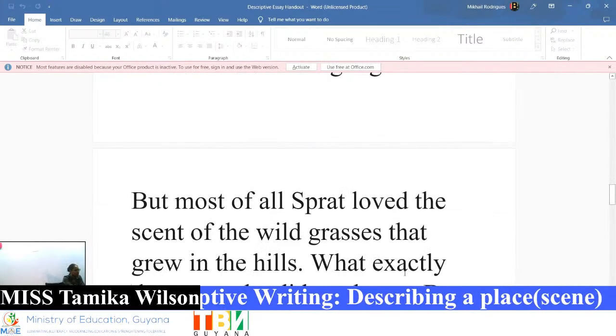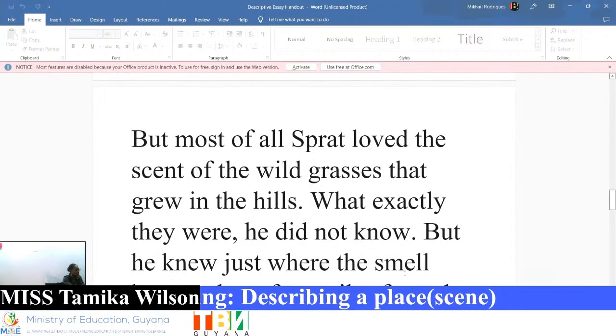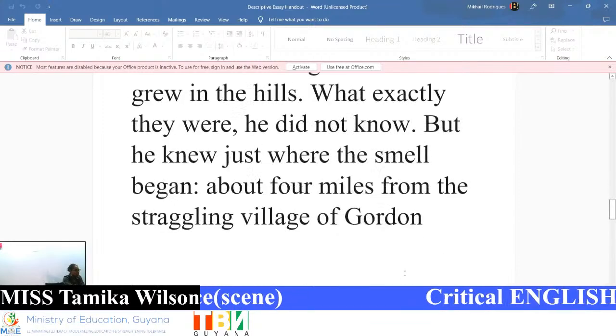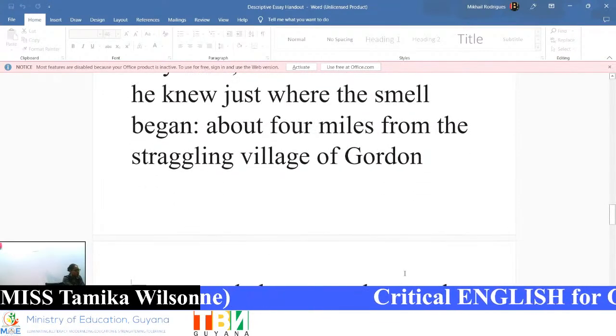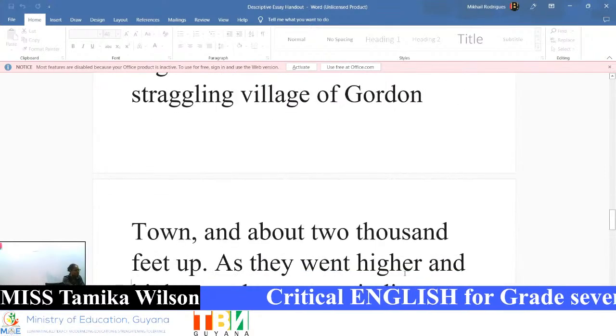But most of all Sprat loved the scent of the wild grasses that grew in the hills. What exactly they were, he did not know, but he just knew where the smell began. About 4 miles from the straggling village of Gordontown, and about 2,000 feet up.